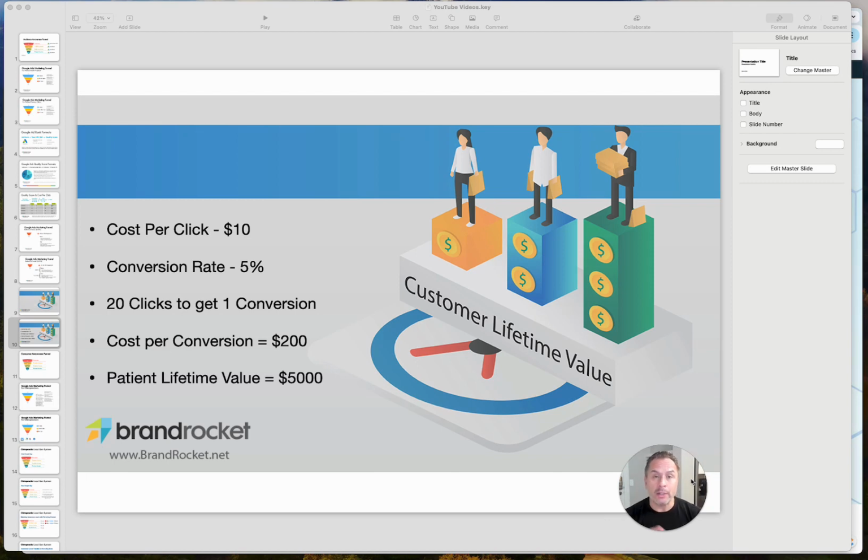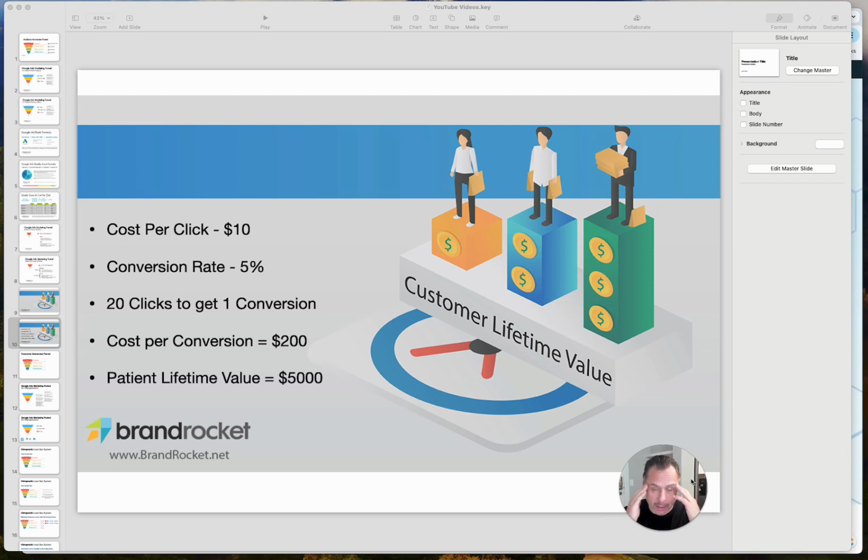And this is where you need to go, okay, I just invested $400 in this patient. Does it make sense for me to spend that? Then you look at your service lines and go, okay, what is my average patient lifetime value per service line? Or you could just average it out and, to make it easy on yourself, know that over time, as an average, you know exactly what you need to pay.